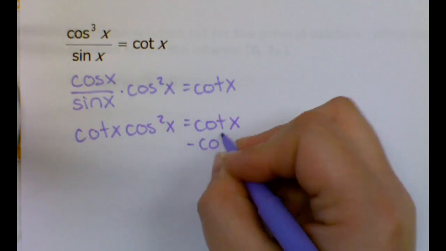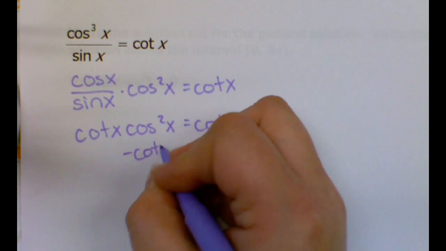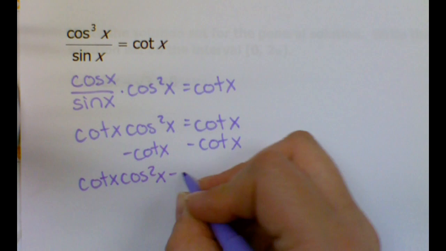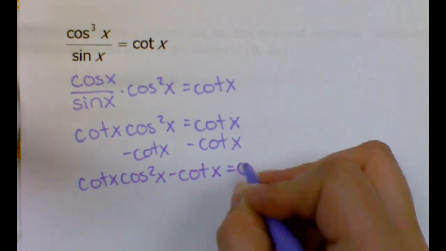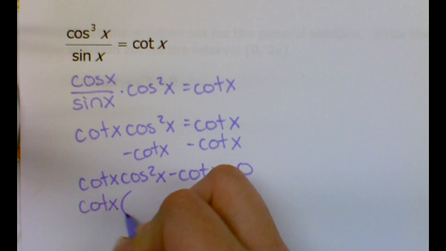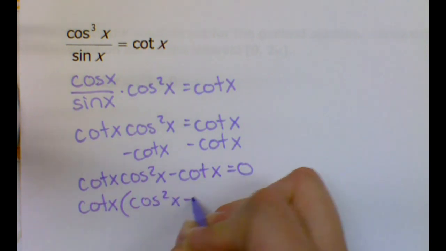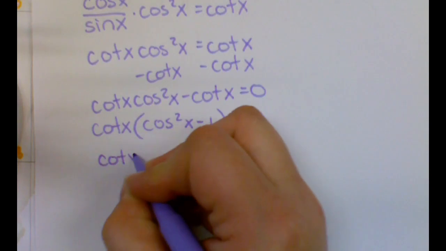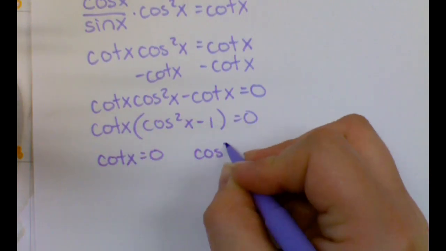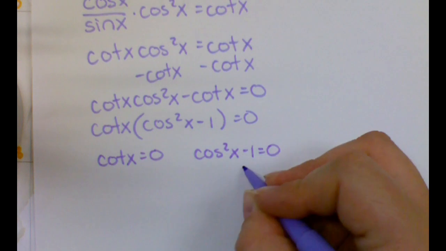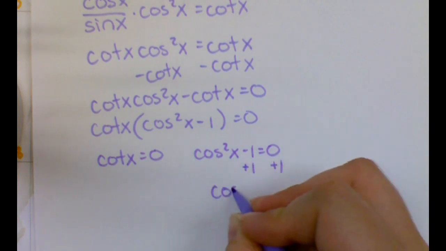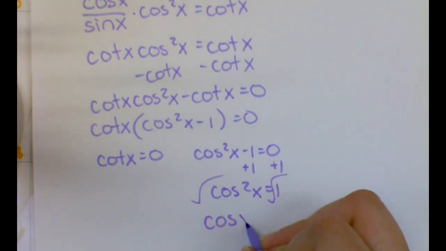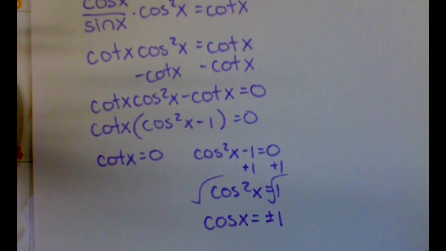I'll subtract cotangent over. I'll factor the cotangent of x out. And I'll set both factors equal to 0. I'll add 1. And then I'll square root, giving me the cosine of x equals positive or negative 1.